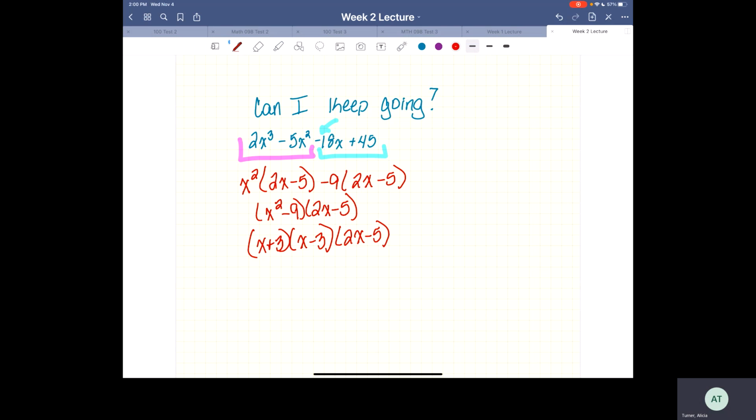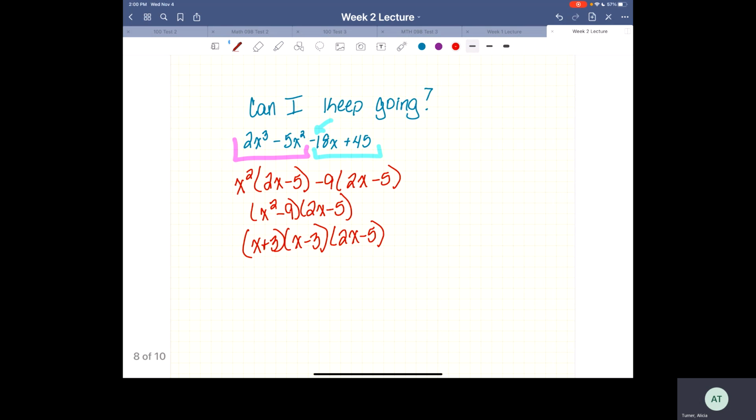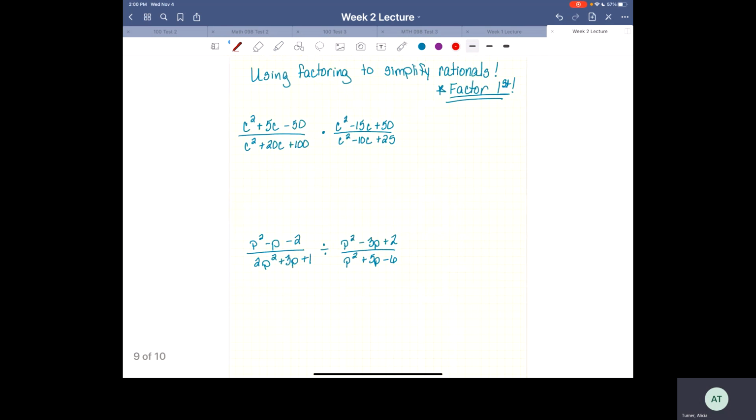Okay, now we focused on factoring because factoring is typically the area that students get confused in. But I want to show you one more thing. You are about to start using factoring to simplify rationals. So we're multiplying rationals and then we're dividing rationals. Factor first.